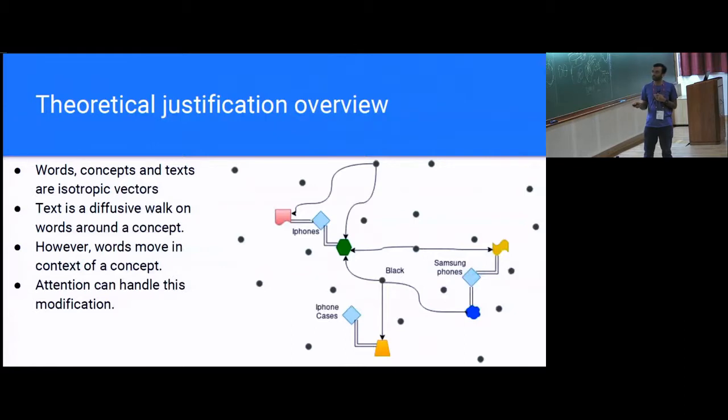And these other shapes are your queries. The generative model for coming up with a query is that the user will think of something they want to buy. Say they want to buy an iPhone, and so then they'll do a diffusive walk around the trigram vectors around iPhone, and at some point they'll stop, and that is your query text.